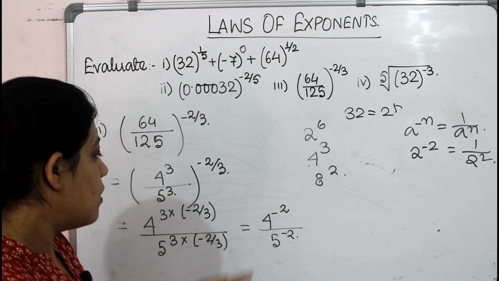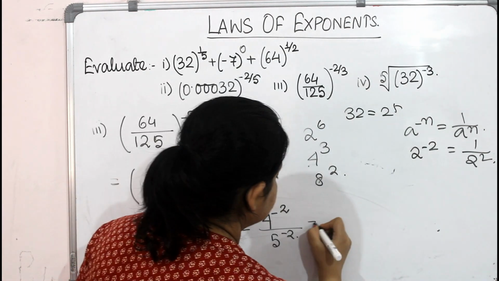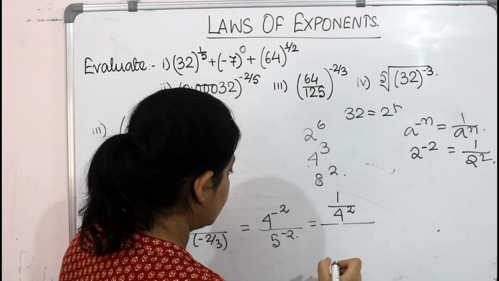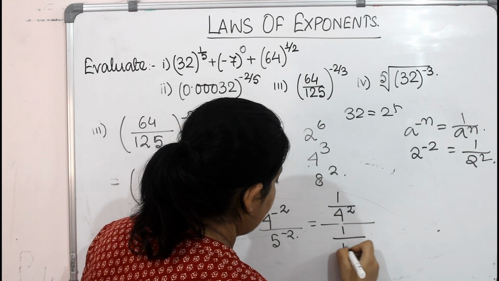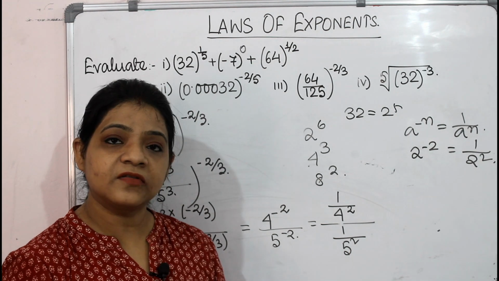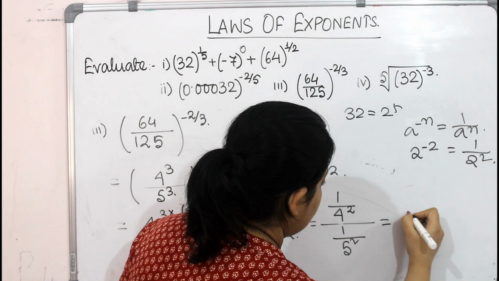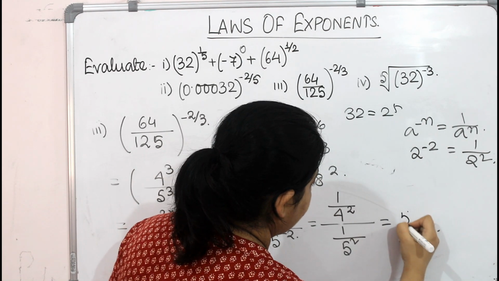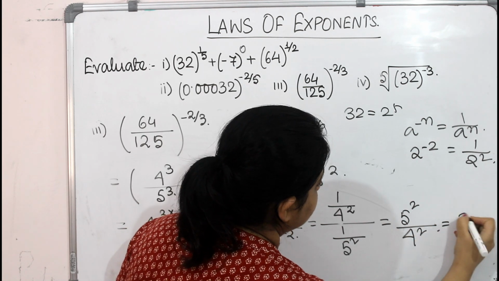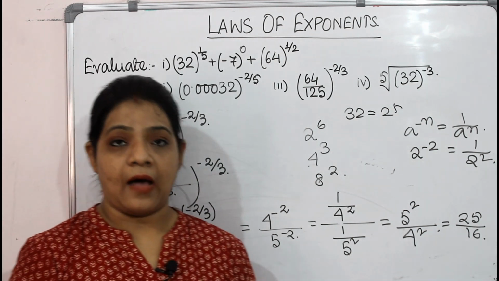Now 4 to the power of minus 2, we can just write as 1 by 4 square, and this we can write as 1 by 5 square. Am I right? So this will go above, 5 square by 4 square. That is, you are getting 25 by 16 as the answer.